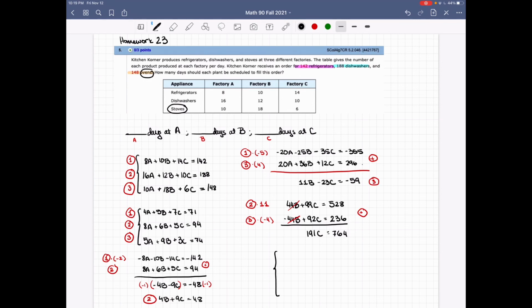Our first equation is unchanged, at least not since after we simplified it. Our second equation and our third equation.